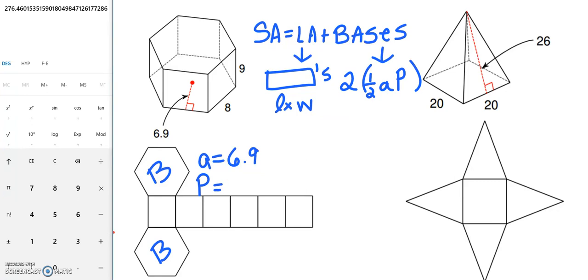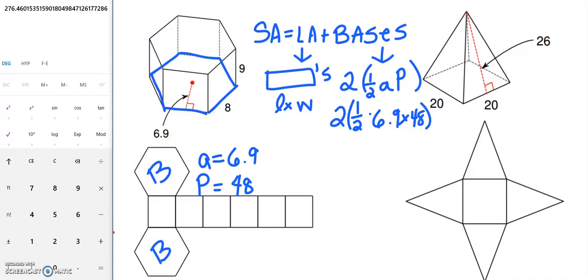And your perimeter, well, it shows me that each of the sides is going to be 8. So if I have 6 sides, 6 times 8, that's 48. So I'm going to go ahead and plug in that I'm going to be doing 2 times 1/2 times 6.9 times 48.